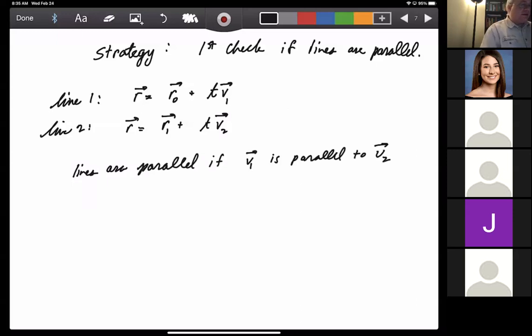But how could you characterize whether two vectors are parallel to each other? How could you check if two vectors are parallel to one another?